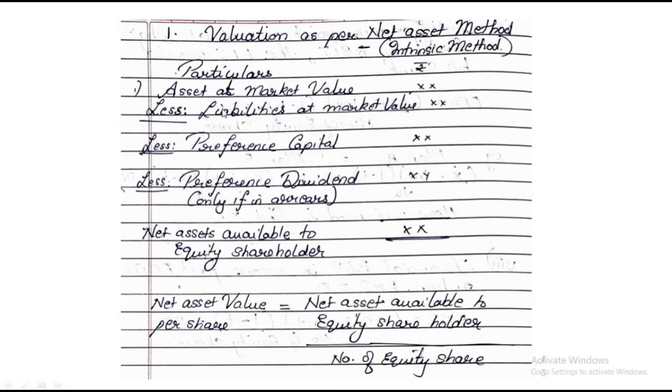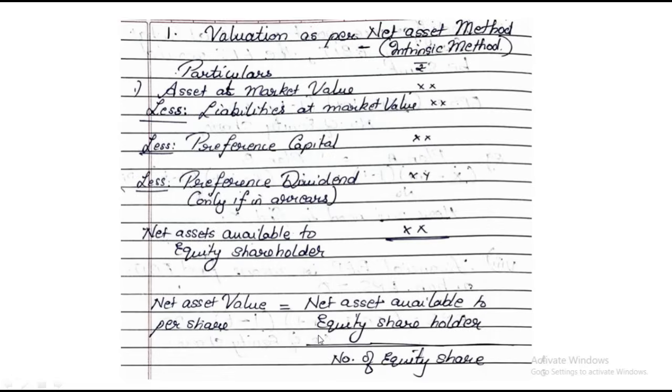When you deduct your liabilities, preference capital, and preference dividend from the total value of all your assets, you will get net asset available to the equity shareholder. Once you get that amount, we can find the net asset value per share. We need this value, NAV per share, that is net asset value per share.